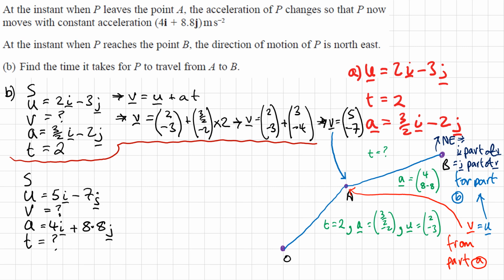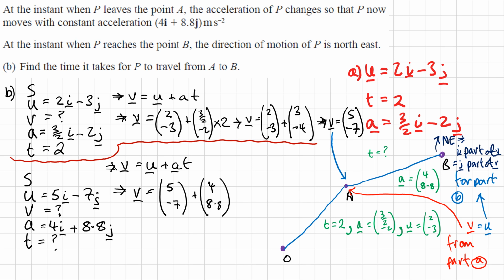I know it's traveling in this northeast direction, so I know that the i component and j component of v are going to be equal. So I've got u, v, a and t again. Same equation, v is equal to u plus at. Let's plug that in. So v is going to equal 5, minus 7, that's my u, plus this new acceleration, 4, 8.8, times t, what I need to find.